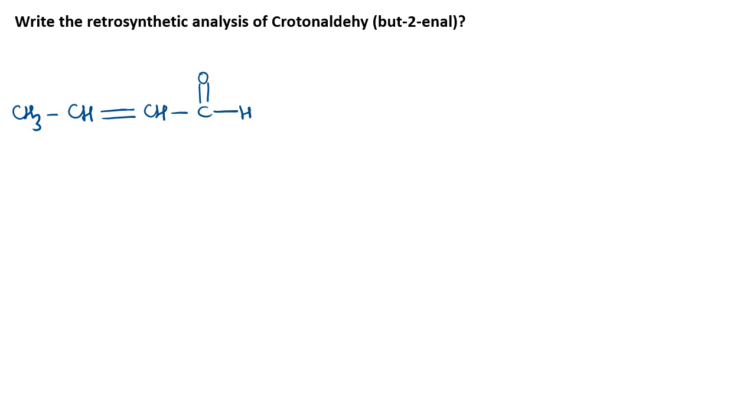This is the functional group, and the carbon which is next to the functional group is the alpha carbon, and next to the alpha carbon we have a beta carbon.